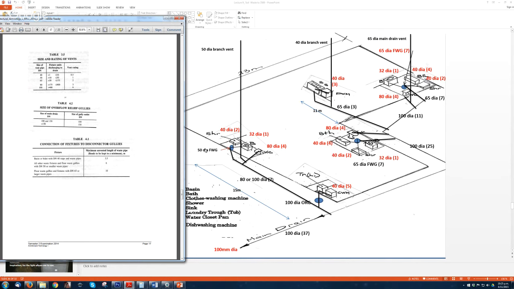Do you need a vent in the laundry? I think you don't need it if it's close, within the 10 meters. So there's 10 meters between each vent. Yep. So this one would use that vent here.